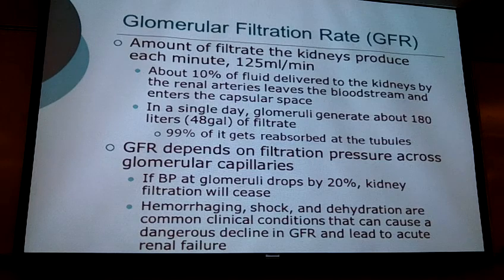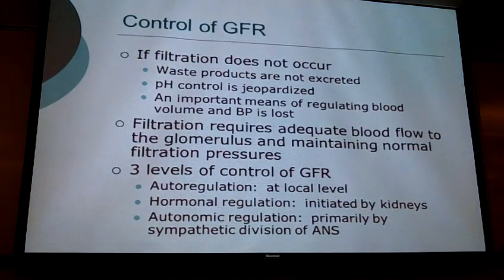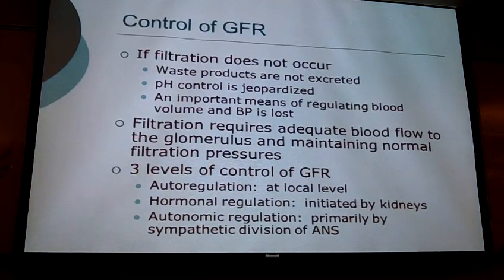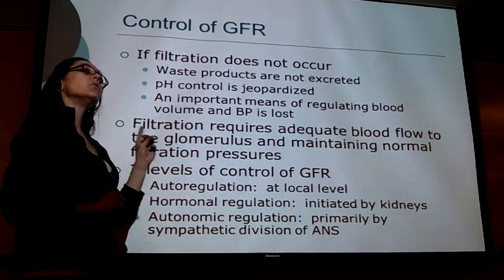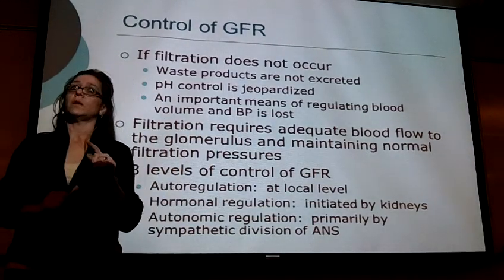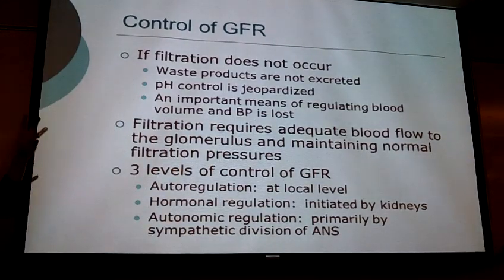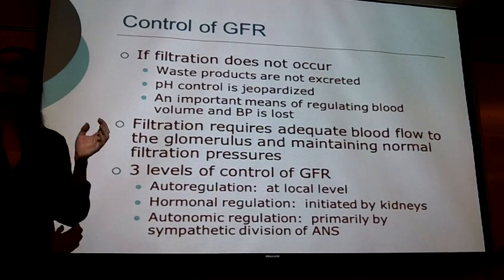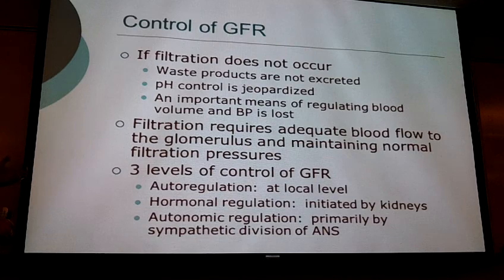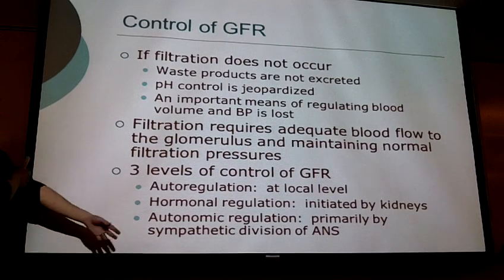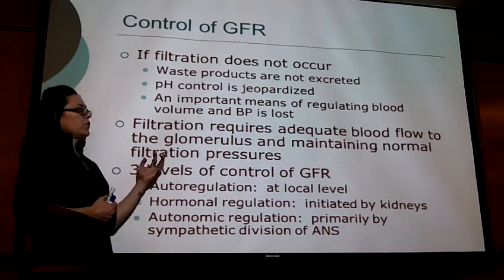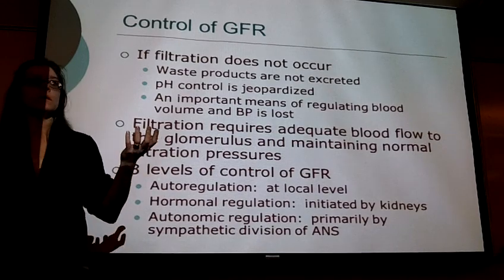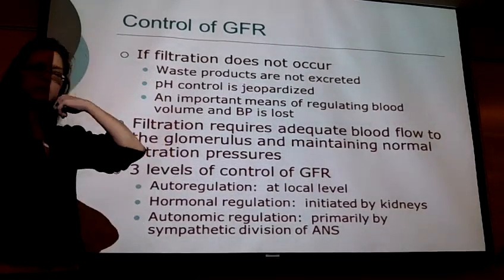So what we want to say is, how do we control glomerular filtration rate? Since it's so important, how do we control it? How do we make sure that we keep producing filtrate at about 125 mils per minute? Now, that means that we're going to be talking about homeostatic mechanisms, right? Keeping something constant.